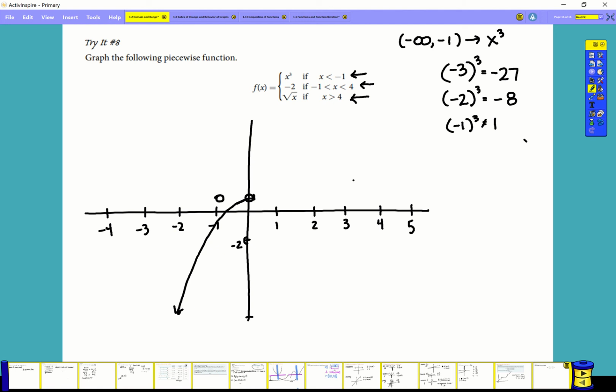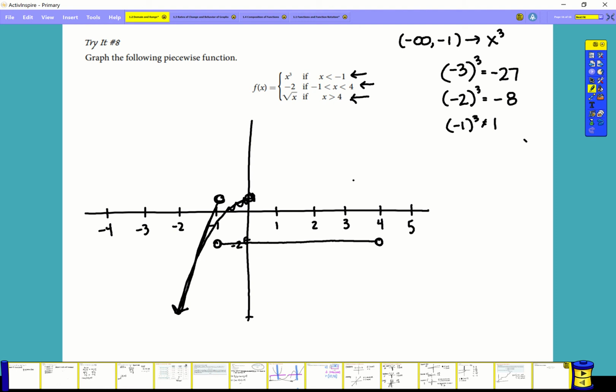This will need to be moved to right here. There we go. Sorry, guys. So now it's going to go from here all the way to here. It's just a straight line across.